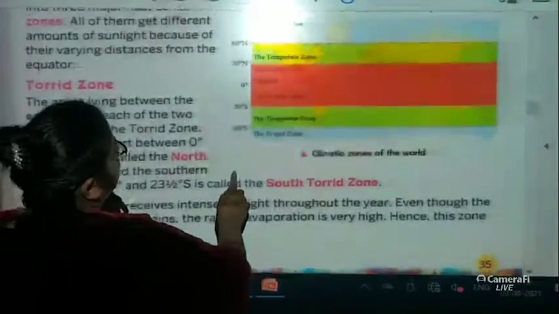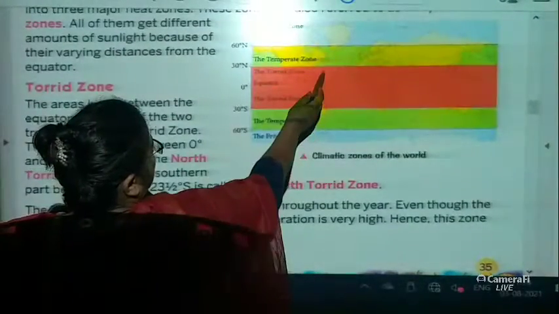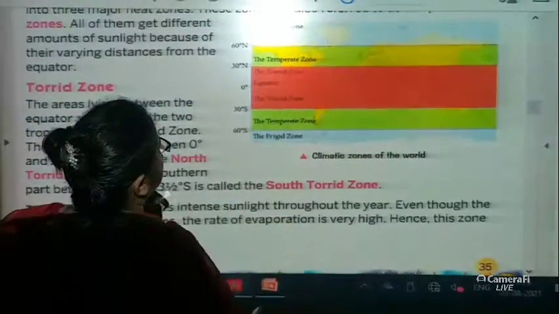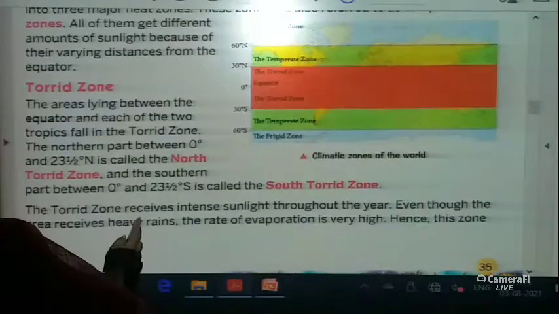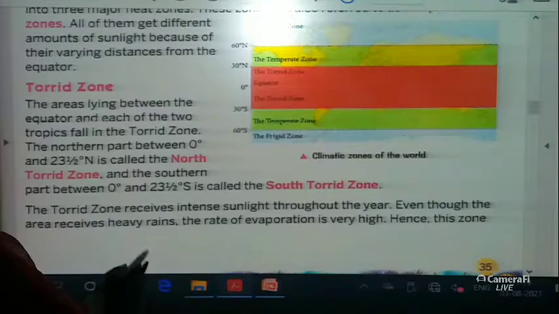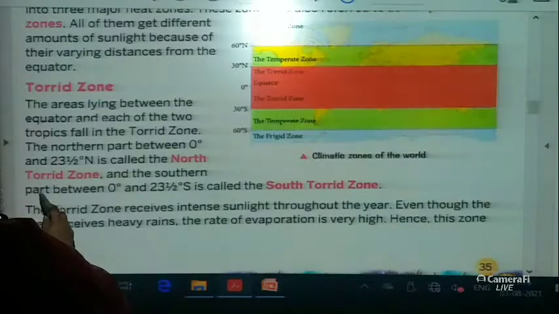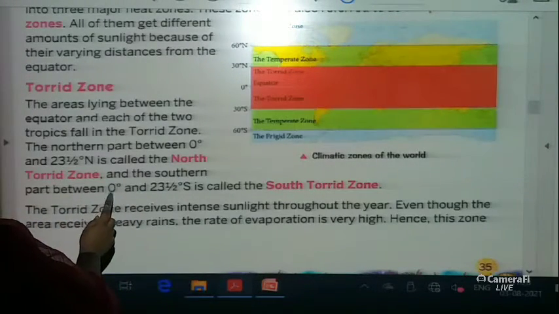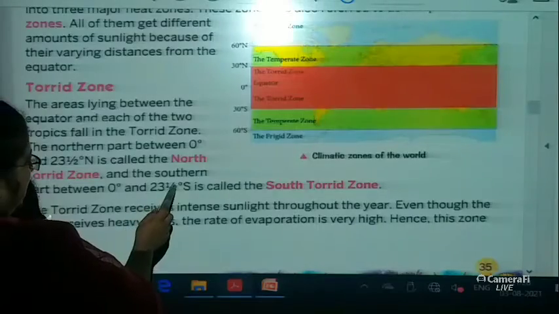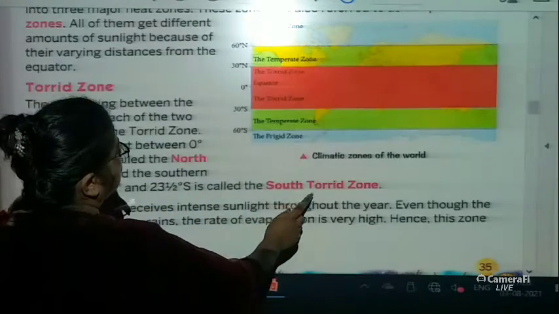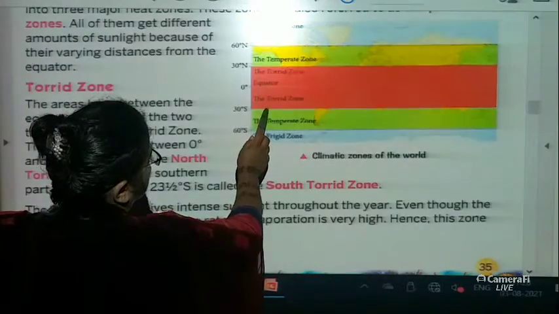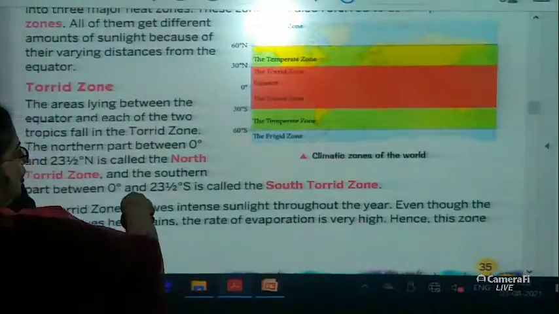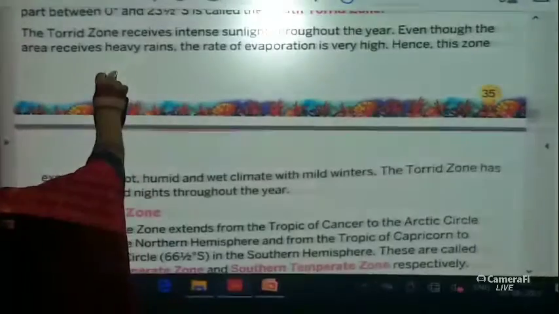Now children, from here to here is your north torrid zone. And the southern part between 0 degree and 23.5 degree south is called the south torrid zone. From the equator till here is the south torrid zone.